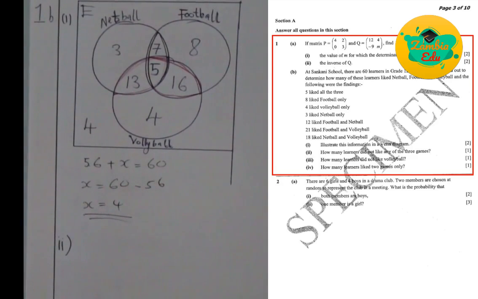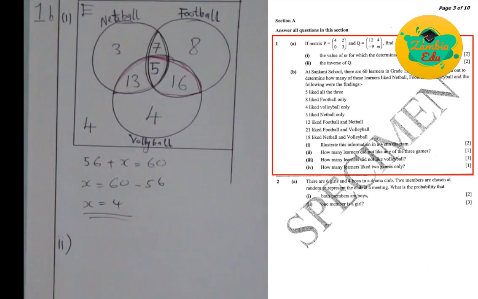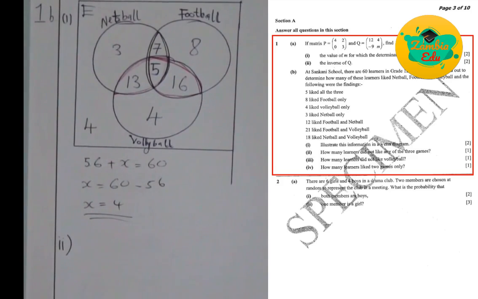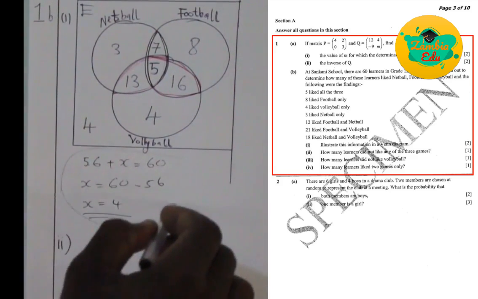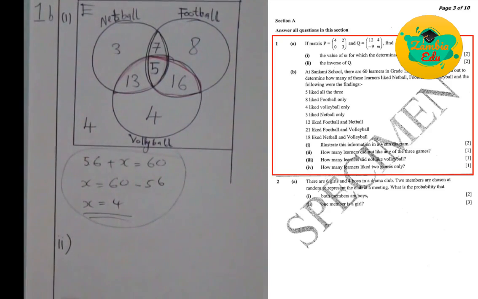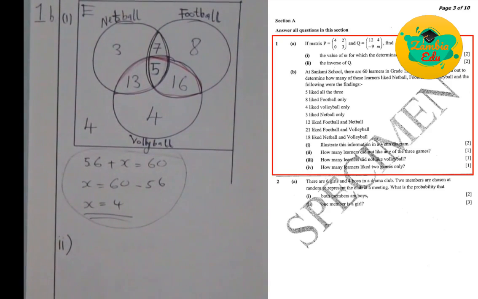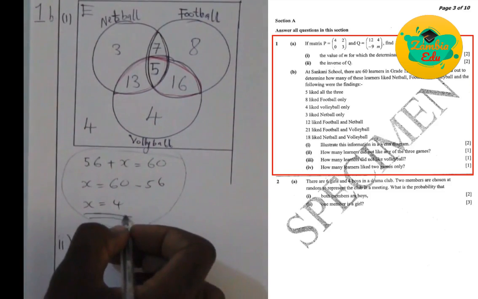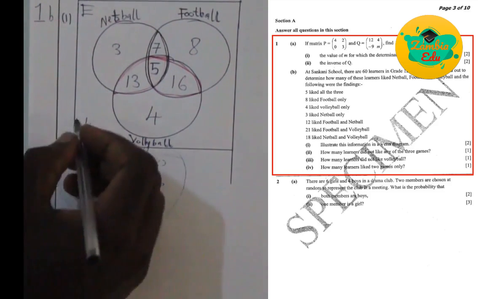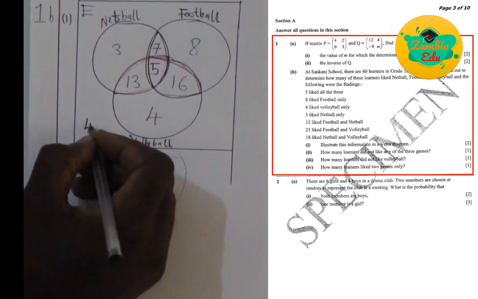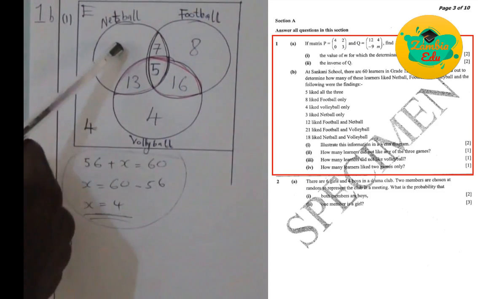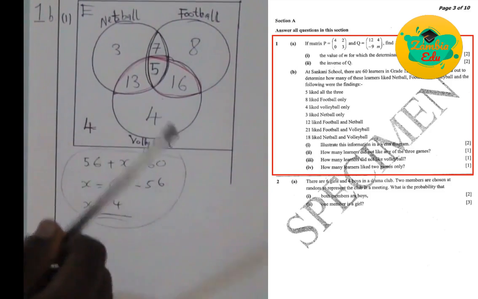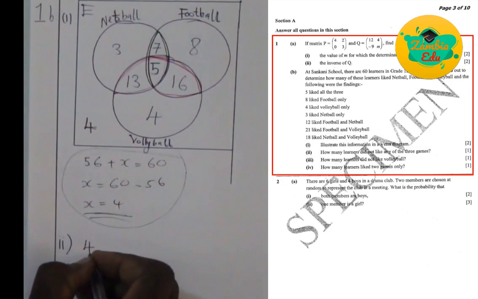So for us to be able to find how many learners did not like any of the 3 games, this is simply the very thing that we've already done here, and what we found is that the answer is 4. And in our Venn diagram, we're able to see that 4 was the one that was outside, meaning it did not take part in netball, in football, or in volleyball. So there our answer is 4.